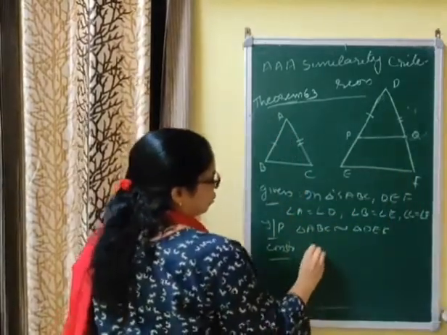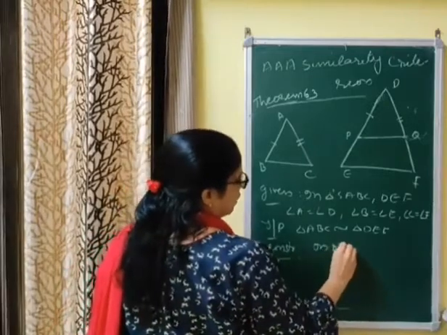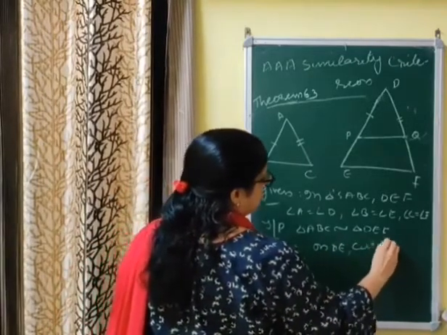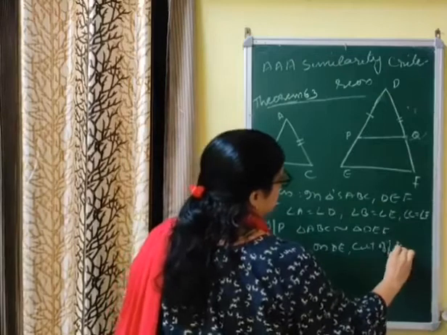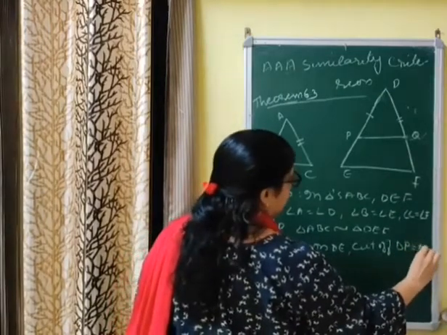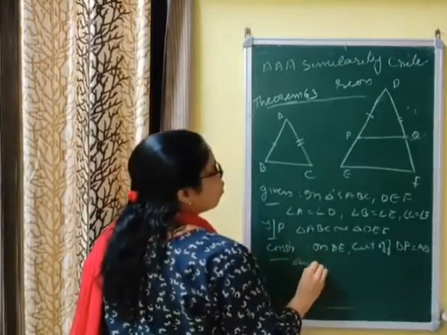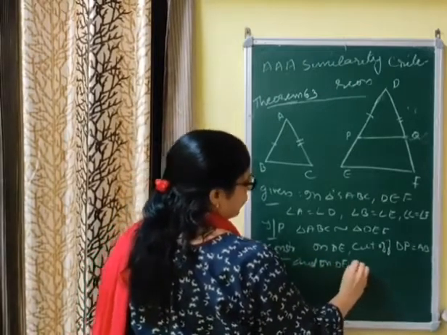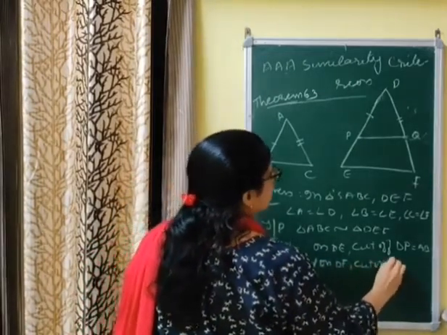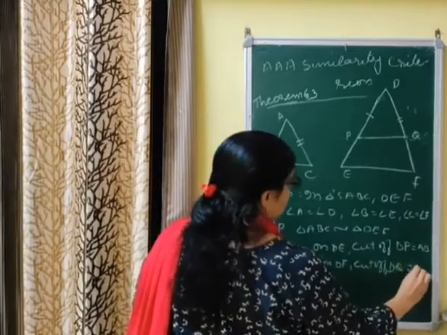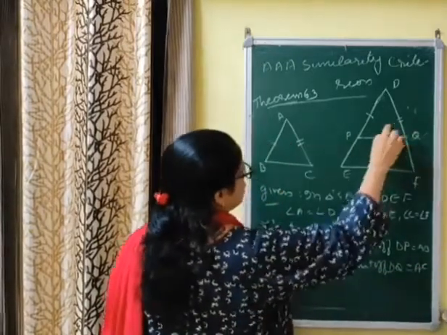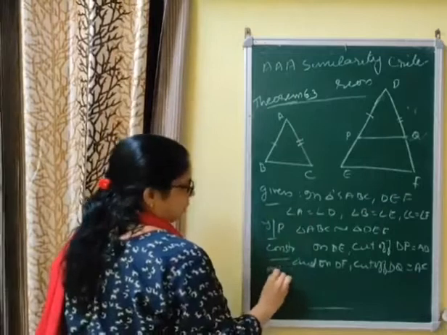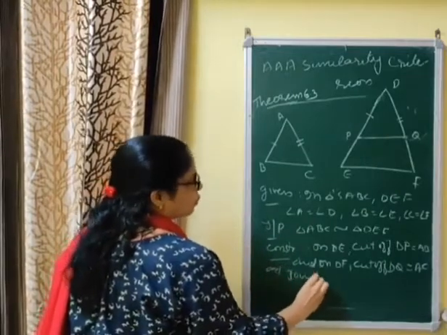On DE, cut off means separate. DP is equal to AB, and on DF cut off DQ is equal to AC. The same symbol means both are equal, and join PQ.